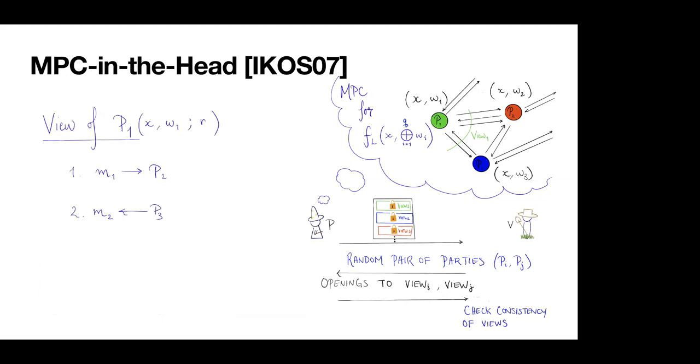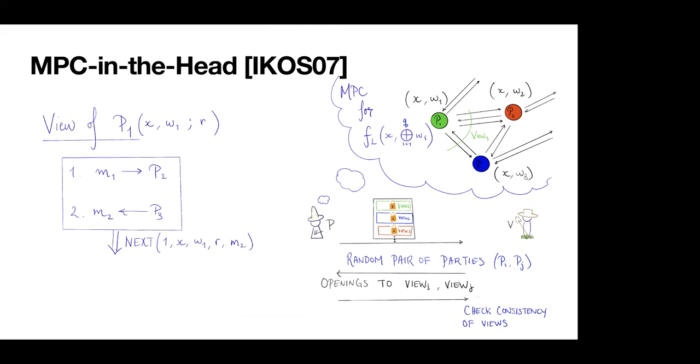So let's unblack box this. So if we take a look at the view of, let's say, P1, who has input X, W1, and some randomness R, perhaps in the first round P1 sent message 1 to P2 and received message 2 from P3.